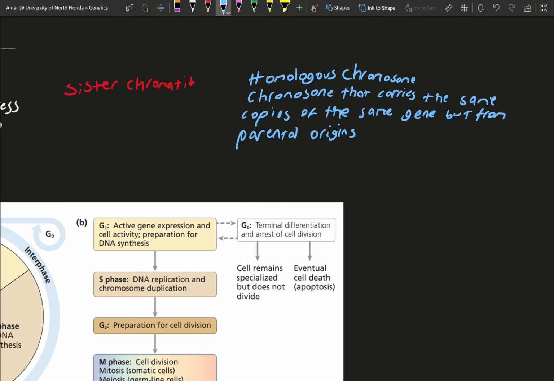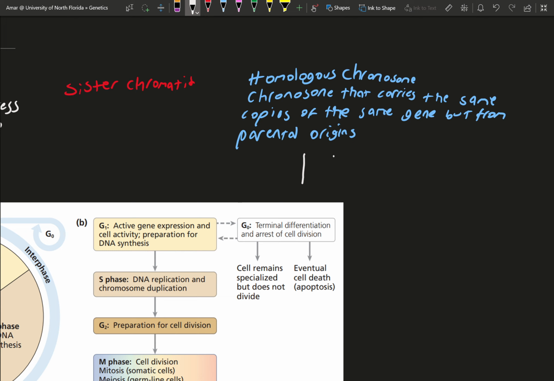So basically, a homologous chromosome is a chromosome that carries the same exact genes, but it comes from a different parent, and these different parents may have different alleles for each of these genes. So essentially, a homologous chromosome just has different alleles for the same genes.